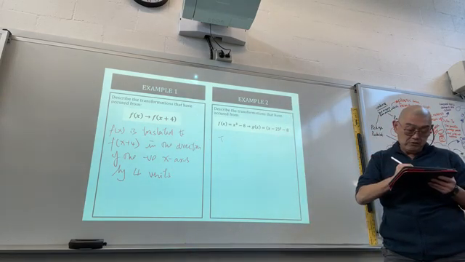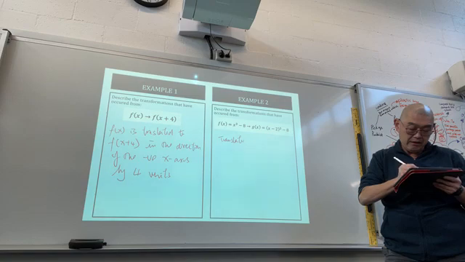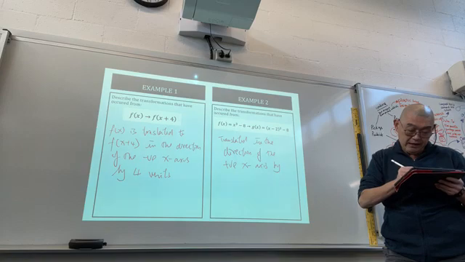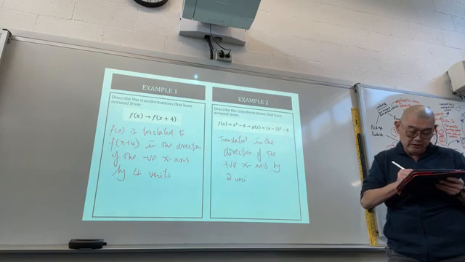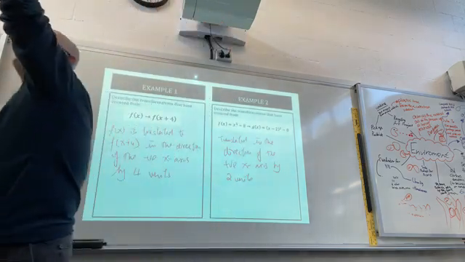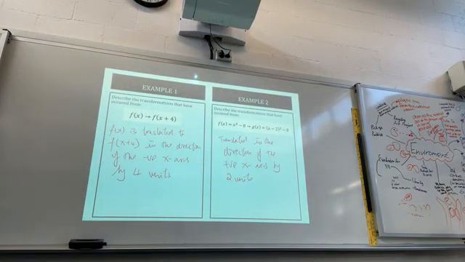So this is translated in the direction of the positive x-axis by 2 units. All right? Always mention the direction and mention the number of units it is translated by.